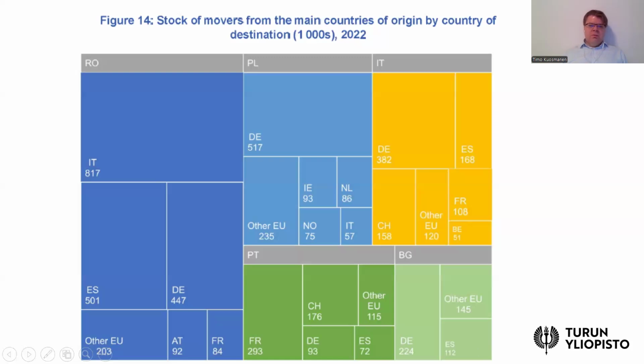So this also helps to put in proportion these 5 biggest sources of EU migrants and which kind of destinations they prefer. There's also some impact of geography on where these labor movement flows are going.